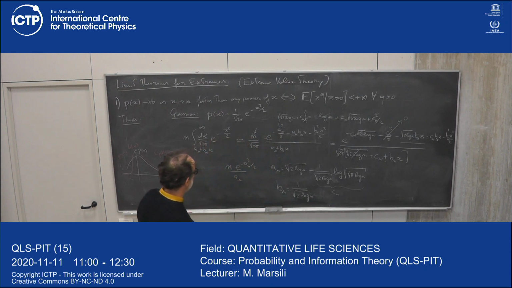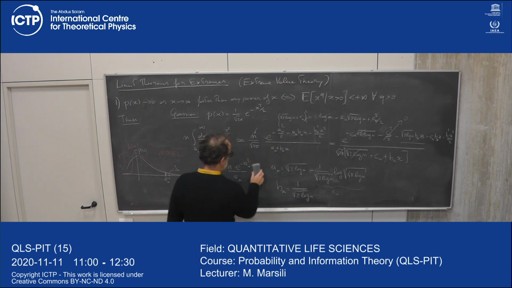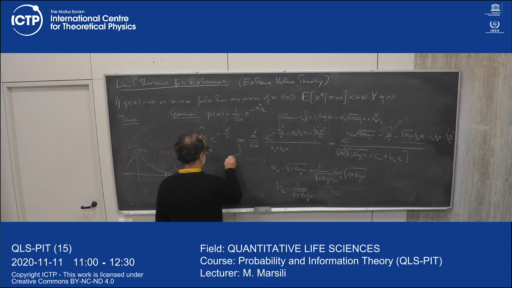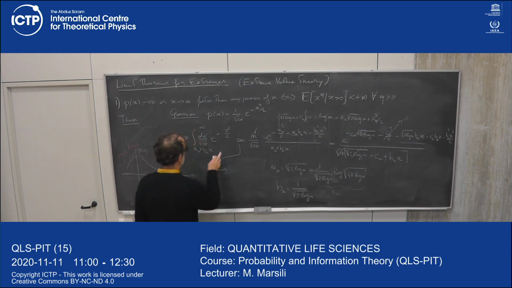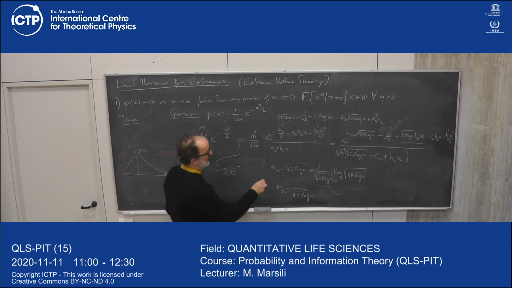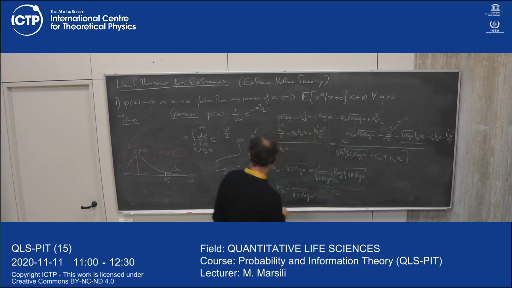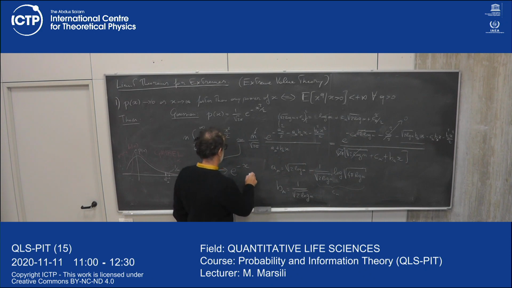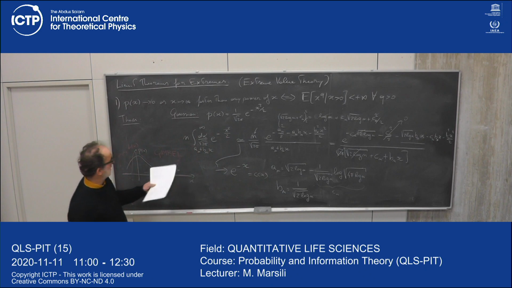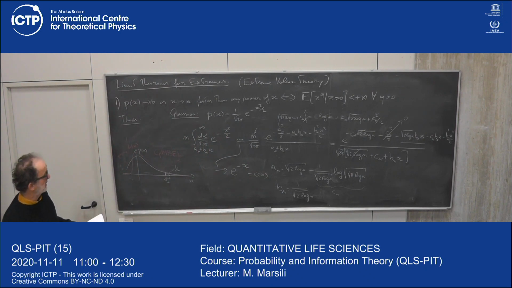Okay? And if I make these two choices, then this integral here will just converge to e to the minus x, which is the c of x that we discussed for the Gumbel distribution.